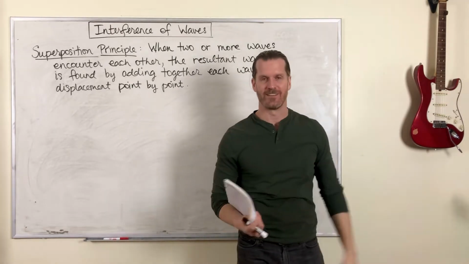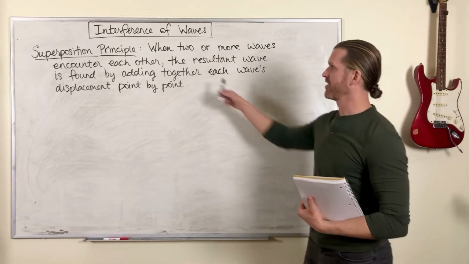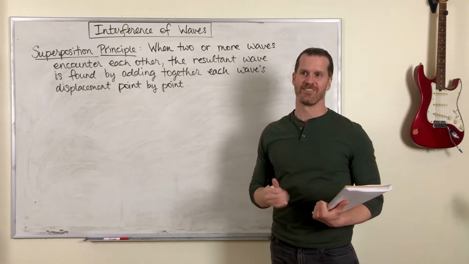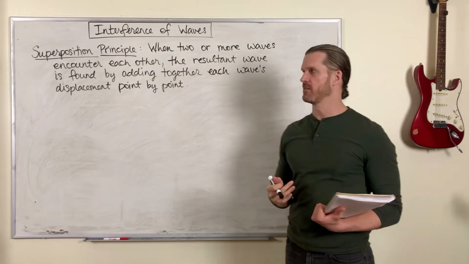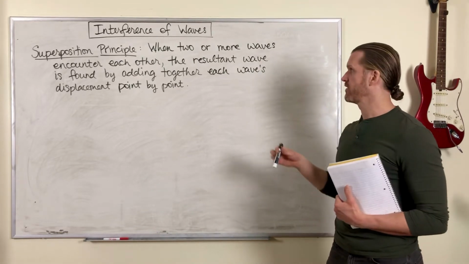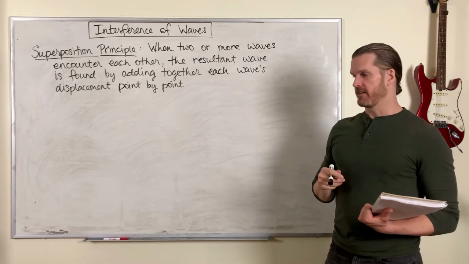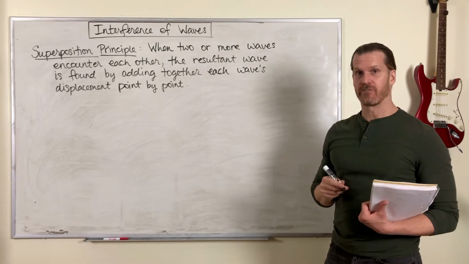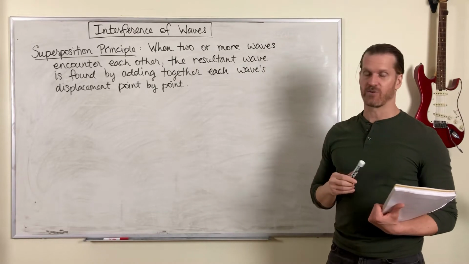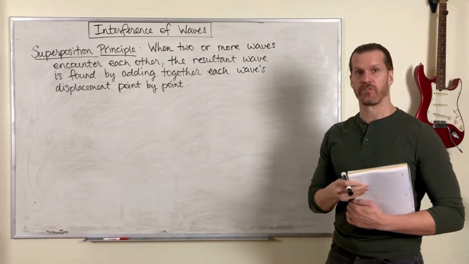At some point, it would break. So there are limits to the superposition principle in a physical medium, but mathematically, there are no limits. If you're adding electromagnetic waves together, or looking at quantum mechanical wave functions, there's not really any limit to the superposition principle.